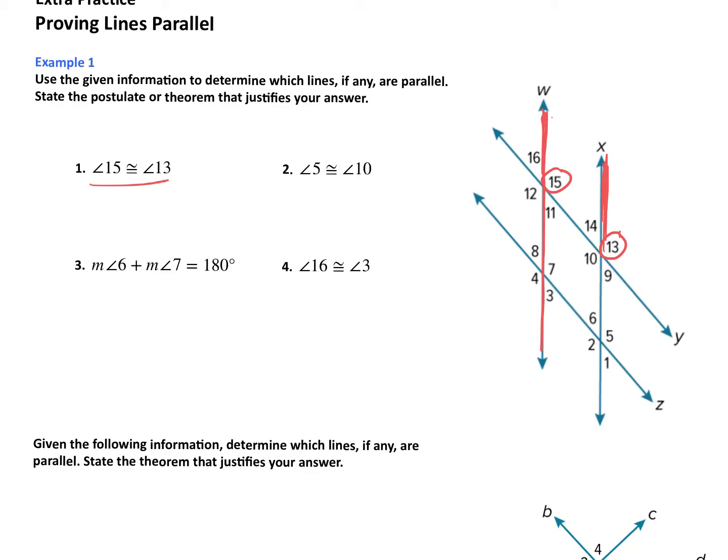So if angle 15 and angle 13 are congruent, that would mean that lines W and X are parallel by the corresponding angle theorem.